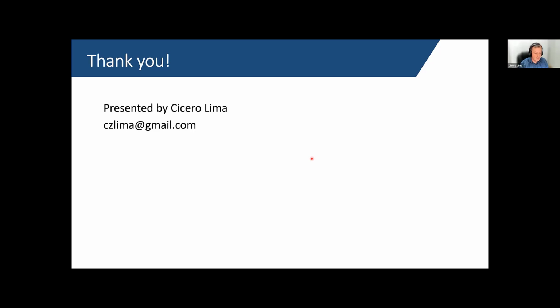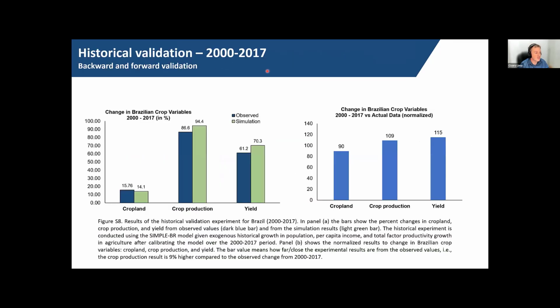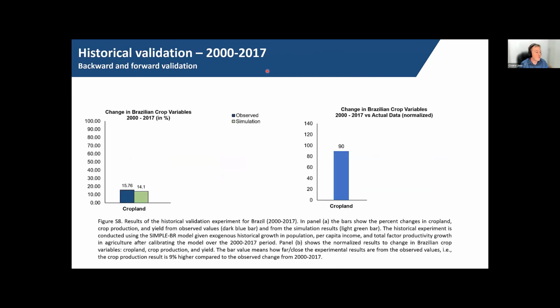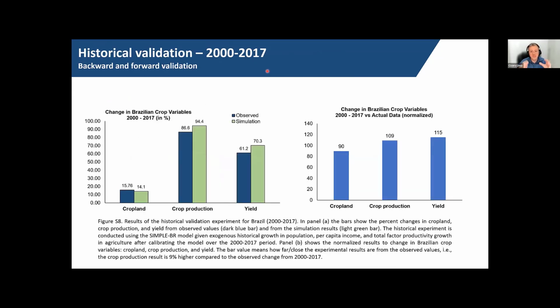Okay, thank you, Maksym. So the idea behind this historical validation is in practice a two-step procedure. We have the observed values in 2017, and we move the model back to 2000, and we have a new database in 2000.